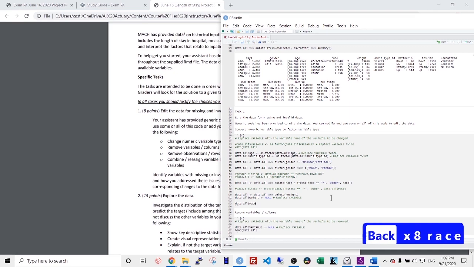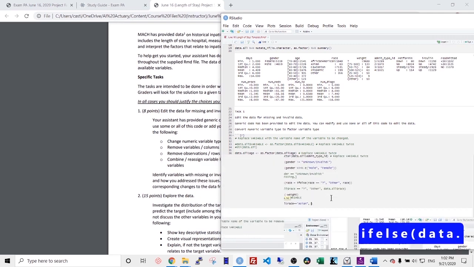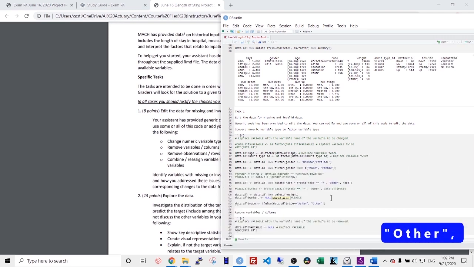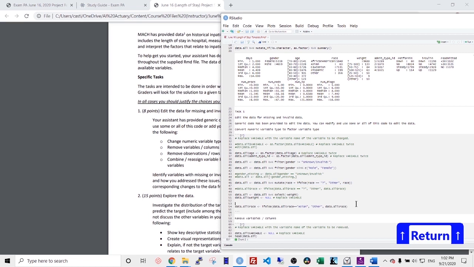So if I say data.all race is equal to if else data.all race is equal to Asian, yes is equal to other, no is equal to data.all race. And again, in dplyr syntax, it's just like we did. If you want to do this all at once, you can just say if race is question mark or equal Asian. But in any case, let's just keep what we have and then move on.